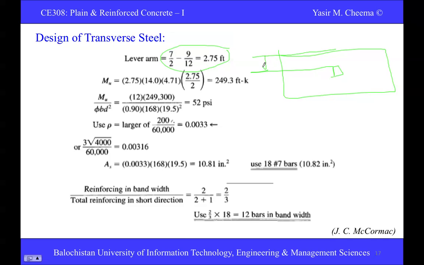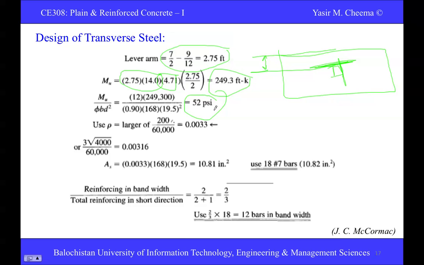So this would be 7 by 2 minus 19 by 2. Using again the same concept, area into Fy into half of the lever arm, that will give you the moment along the face of the column. Previously we determined the moment at this face of the column, now we are determining it at this face of the column.